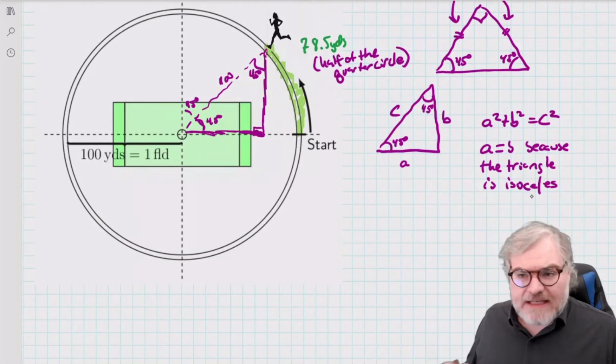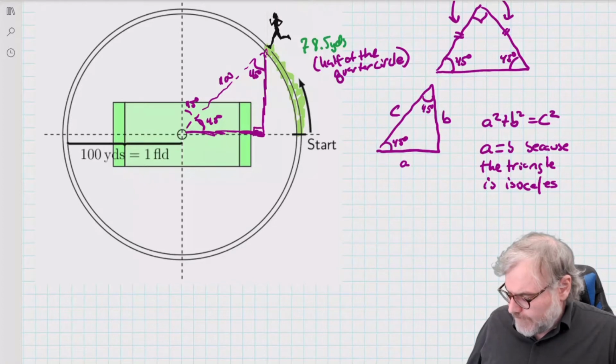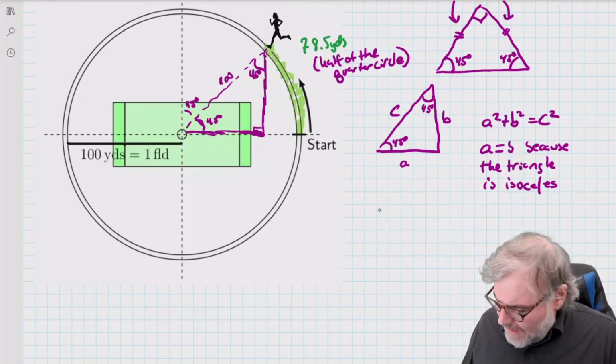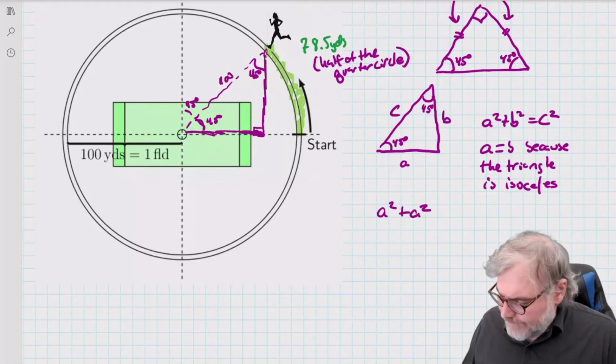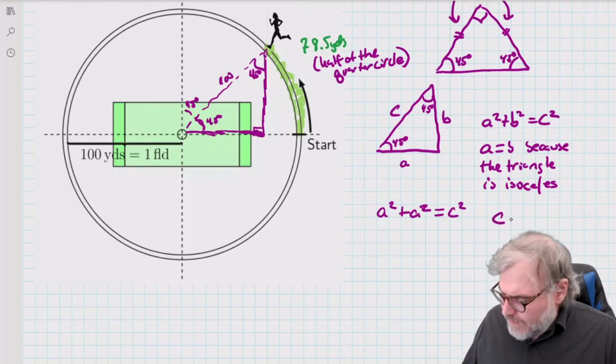I know that this is isosceles. Well, because I know those two things, I know that A squared plus A squared, because A equals B, equals C squared. And I know that C equals one field.